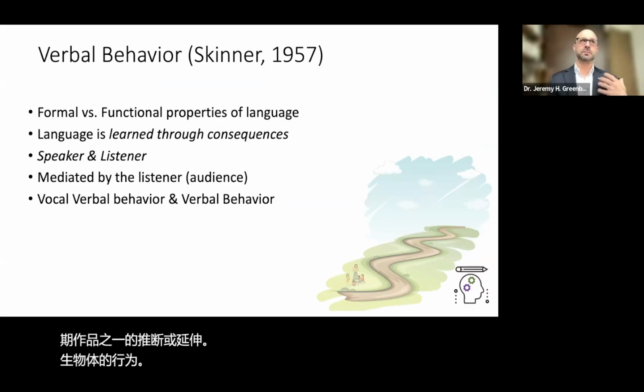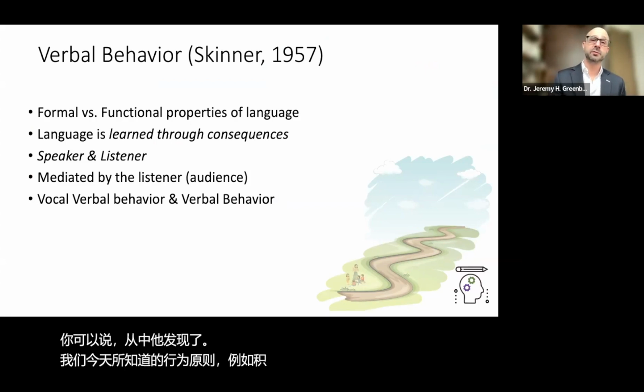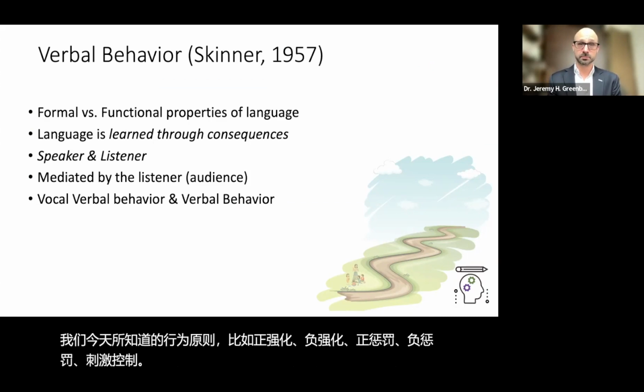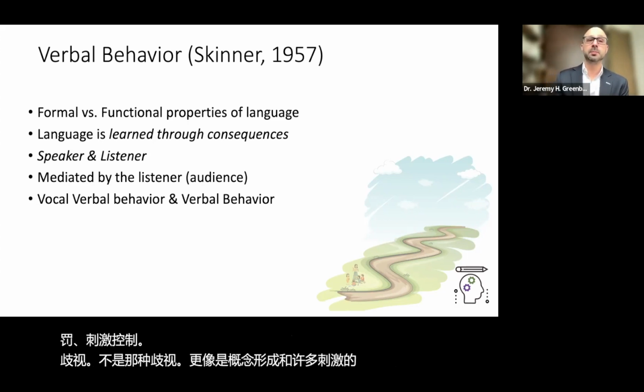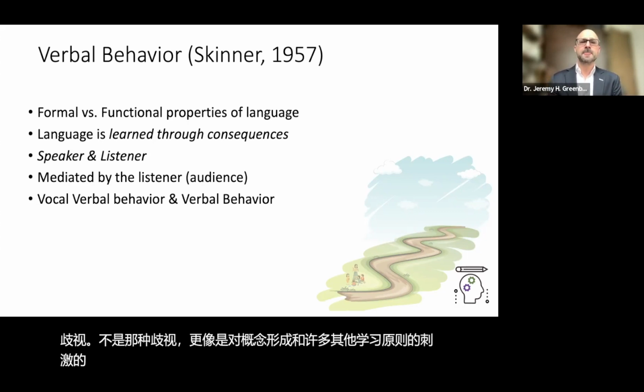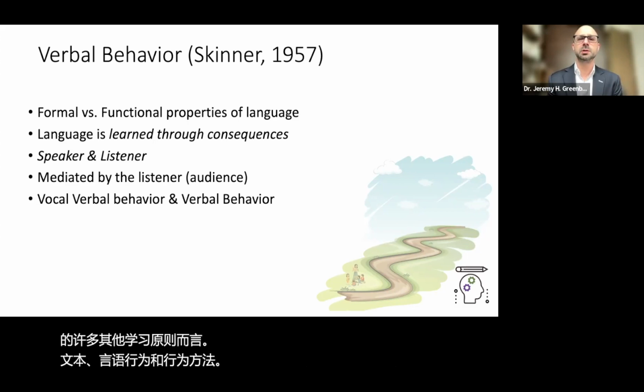From that, he sort of discovered, you could say, the principles of behavior that we know today, such as positive reinforcement, negative reinforcement, positive punishment, negative punishment, stimulus control, discrimination, not that kind of discrimination, more like discrimination of stimuli insofar as concept formation, and many other learning principles that he discovered.